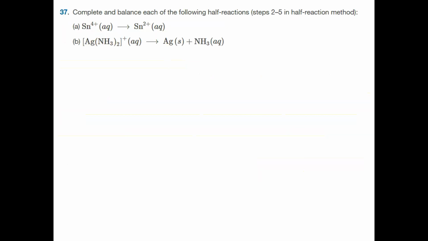So let's have a look at a problem from the OpenStax book. And what we're doing here is balancing half reactions. So let's look at the first one. This looks like it's a reduction because the tin is beginning with oxidation number +4 and it is ending with oxidation number +2.